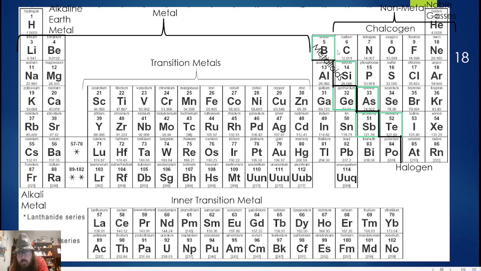And we have a keep right over here, the non-metals and the chalcogens, halogens. And we have a separation line that separates the metals from the non-metals called the metalloids. And then we have the inner transition metals kind of placed down below like an airstrip. However, technically they're supposed to fit in right between the alkaline earth metals and the transition metals.